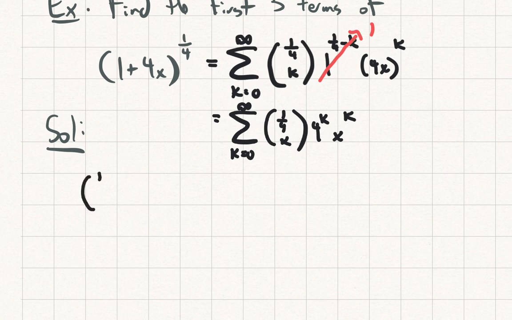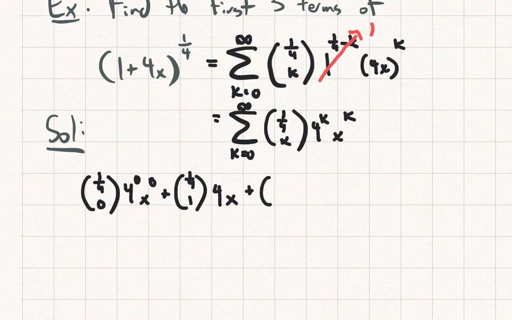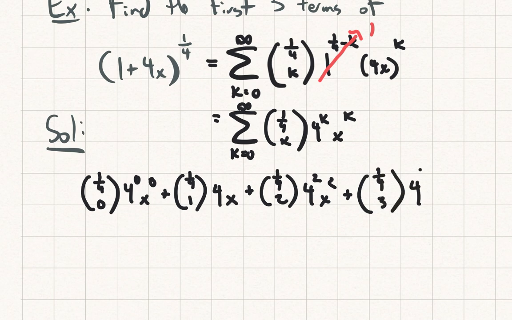We want 1/4 choose 0, so this is when k is 0, 4 to the 0, x to the 0, plus you can imagine the other ones, 1/4 choose 1 times 4x plus 1/4 choose 2 times 4 squared x squared plus a quarter choose 3 times 4 cubed x cubed, and then finally a quarter choose 4, 4 to the 4th, x to the 4th.